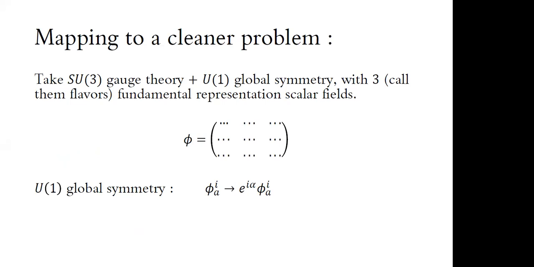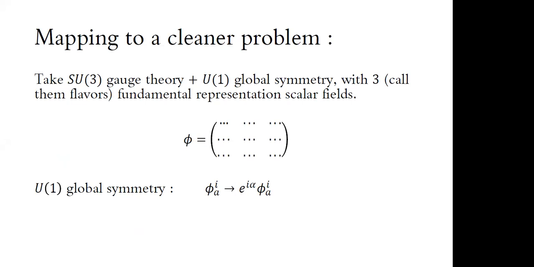You can combine these into a single 3x3 matrix. Let's say the rows tell you about the SU(3) gauge index, and the columns tell you the flavor. So you have 9 entries for the single field, capturing three fundamental representation SU(3) fields.